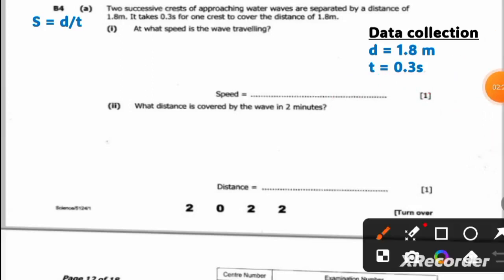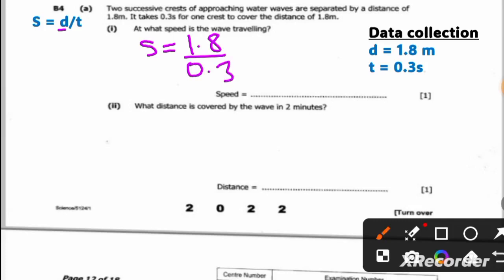So therefore, speed is equal to, where there is distance we write 1.8, then where there is time we write 0.3 seconds.